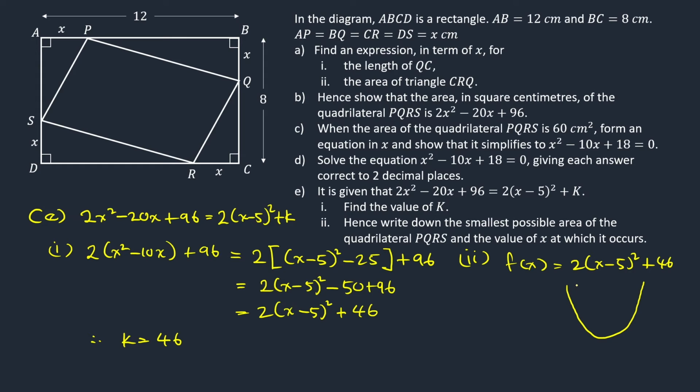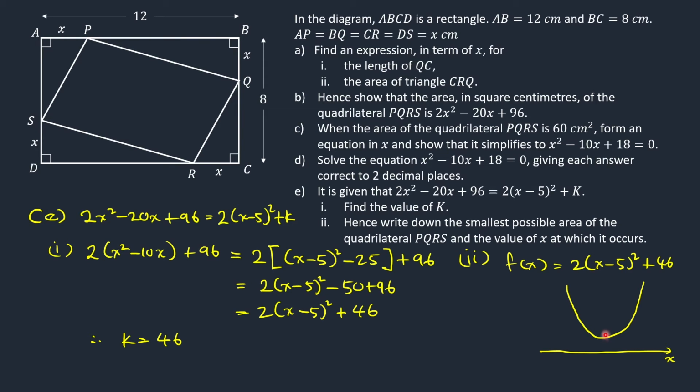Okay, this could be the x-axis. We do not bother to draw the y-axis. This 46 is the minimum point of the curve, meaning it sits right at the bottom of the curve.